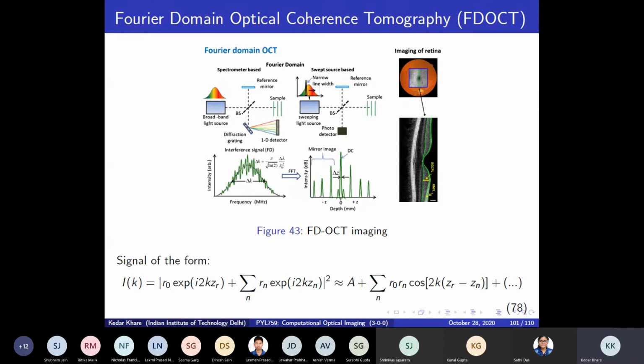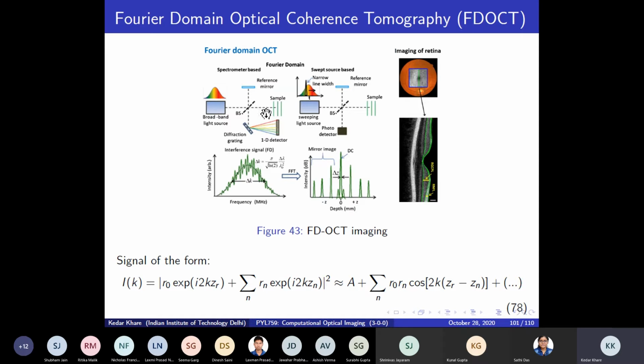The image is formed point by point by scanning this source on the sample. There is an XY scanning, and at each point XY you get an image along Z. This scan along Z is called an A scan image, and when you scan along the XY dimensions, it is called a B scan image.